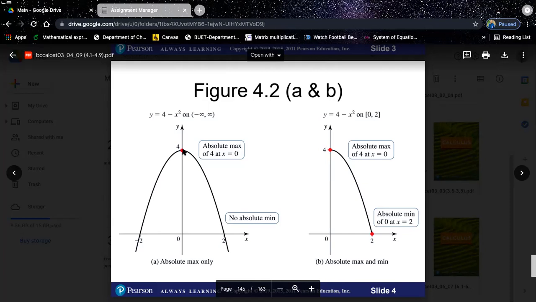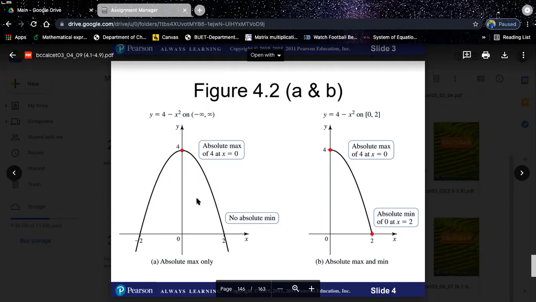Okay, now what if I say, can you eyeball any minimum value? Just take a look at the left graph, okay? Take a look at this graph.